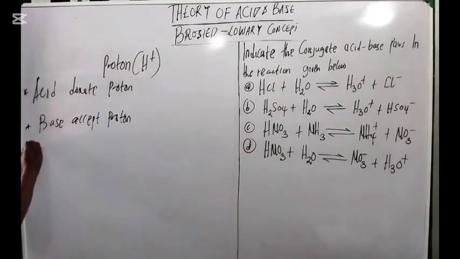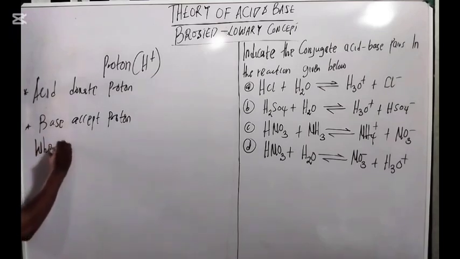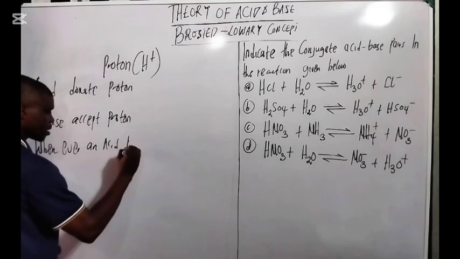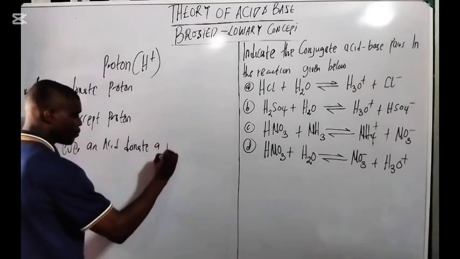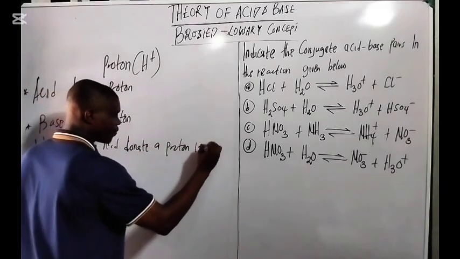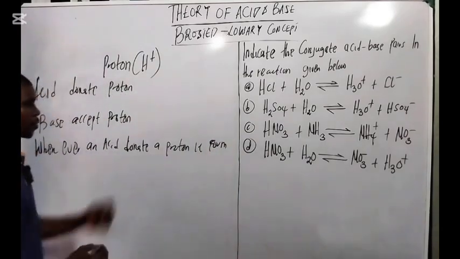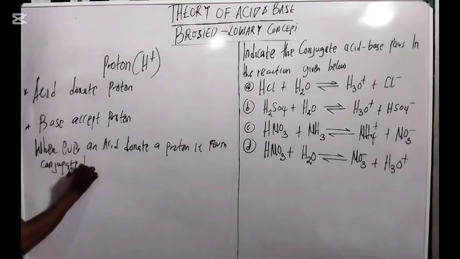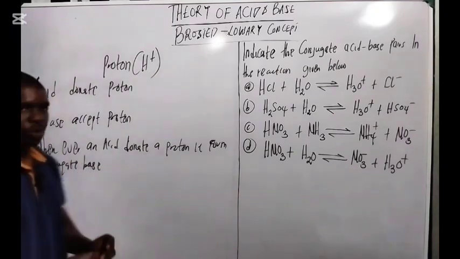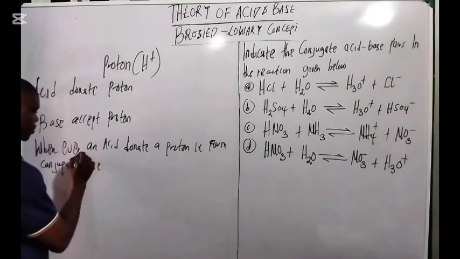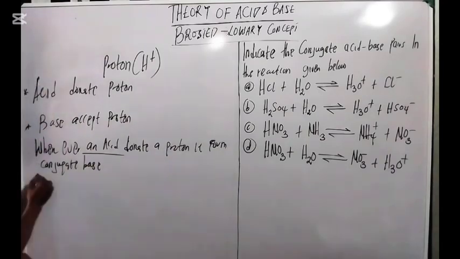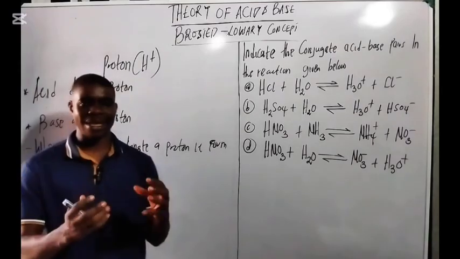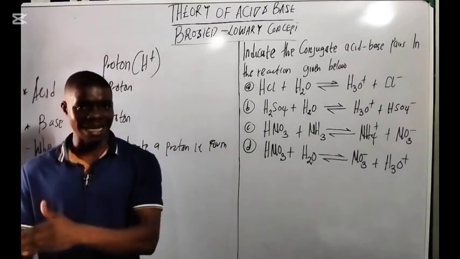So you need to put down: whenever an acid donates a proton, it forms a conjugate base. This is one thing to understand. Another thing to understand is that whenever a base accepts a proton, it forms a conjugate acid.